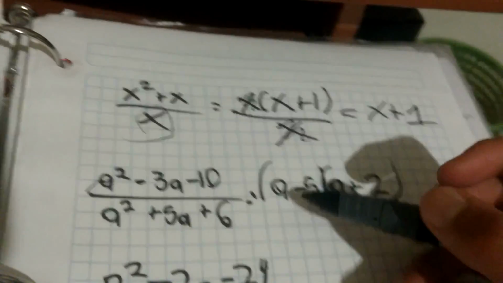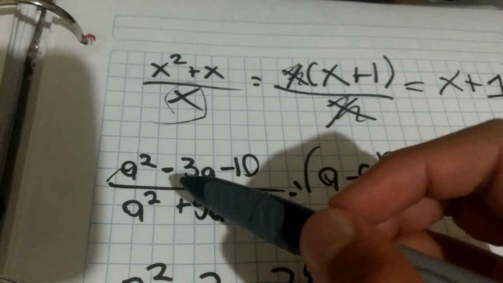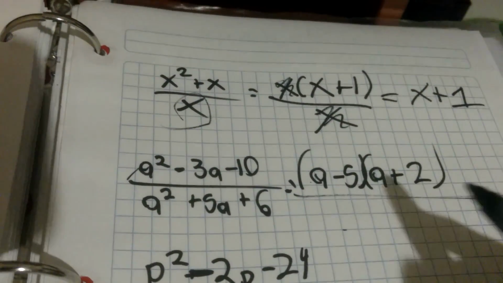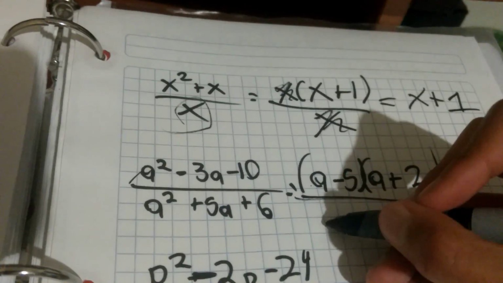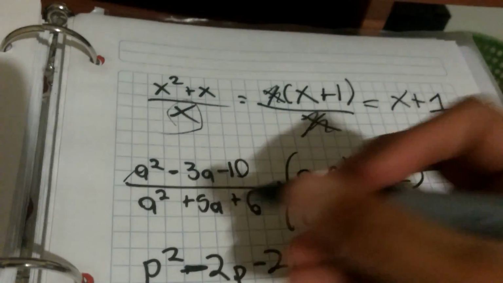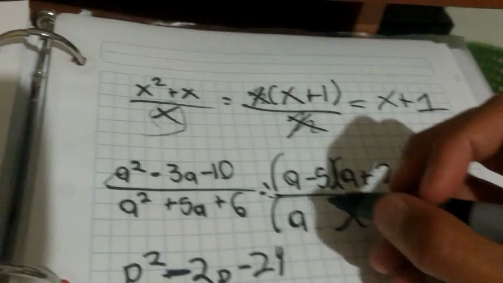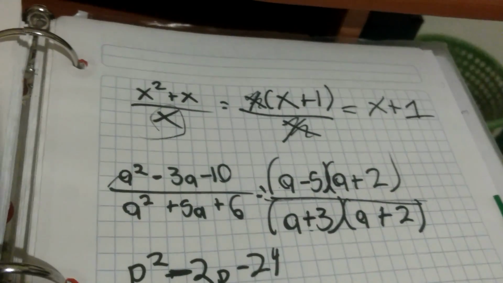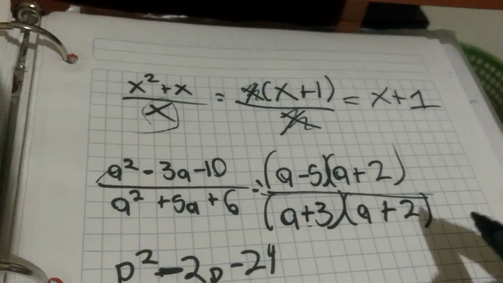Why? Because sum would give me minus 3 and multiply gives minus 10. The same would be at the bottom, a times a, and sum number that gives me 5 and multiplied give me 6 would be 3 and 2.